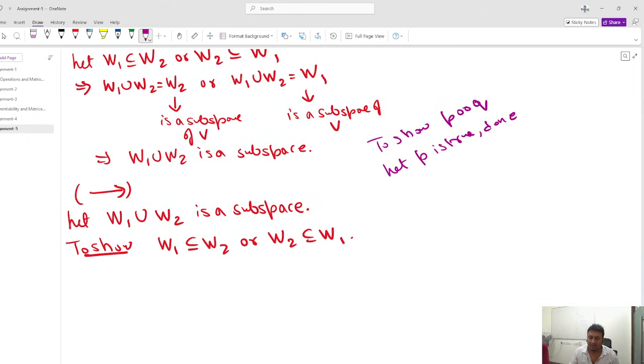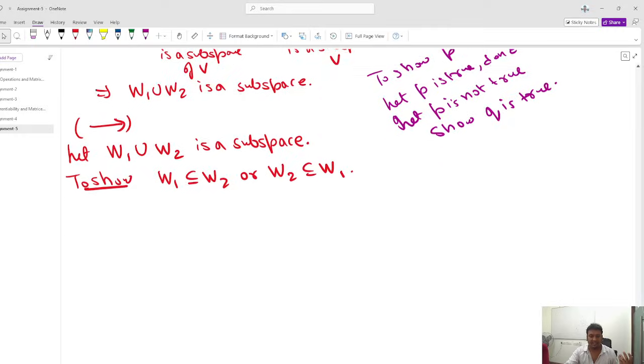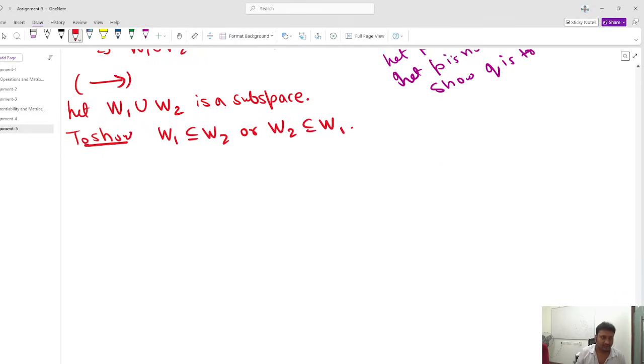Now let P be not true; assume P is not true and show Q is true. Then you are done, because you have shown that P is true or Q is true. So that's how the logic works for P or Q statements in mathematics. So let us try to show this fact. If W1 is contained in W2, we are done, right?